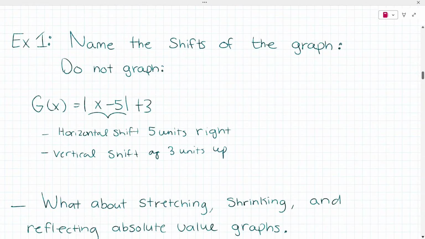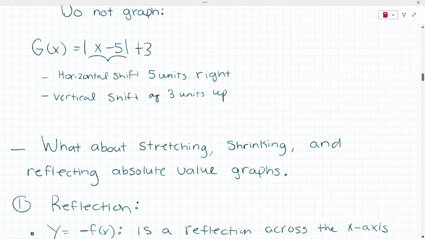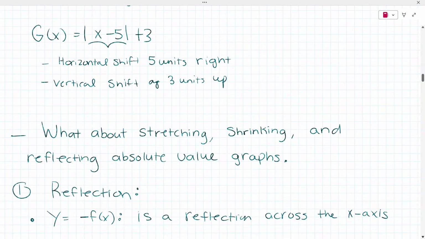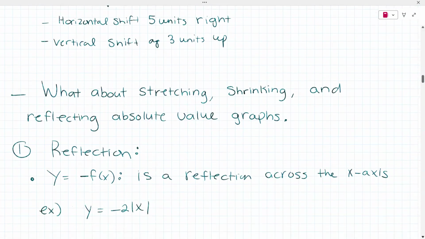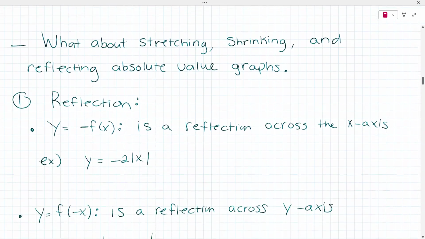Now, what about stretching, shrinking, and reflection of absolute value graphs? There are reflections across the x-axis and the y-axis, and it's kind of like the same rule.